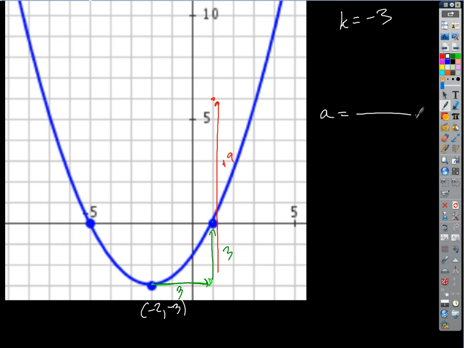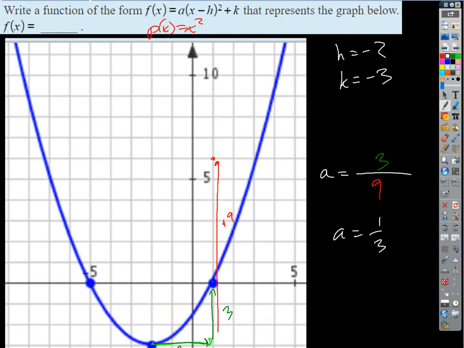A is just equal to the dilated version. What's the dilated y value? 3, divided by the parent y value, which is 9, so what do we multiply by? 1/3, yeah. Right, makes sense? All we do is plug that stuff in and we're done, no big deal.